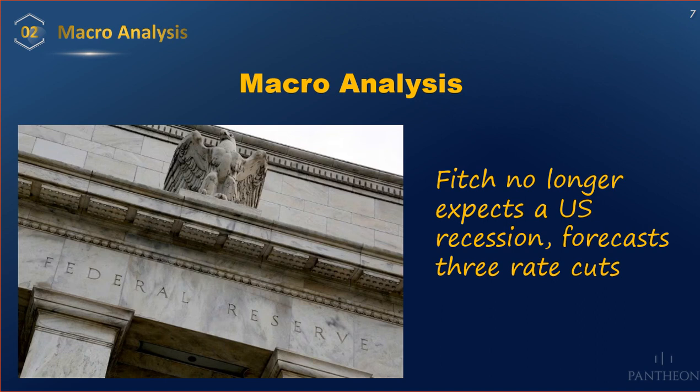Okay, for Fitch Ratings, Chief Economist Brian Coulton stated in a webinar on Wednesday that due to strong signs of economic growth, the credit rating agency Fitch will no longer predict a recession for the United States this year. He mentioned that the Federal Reserve may cut interest rates 3 times in 2024.